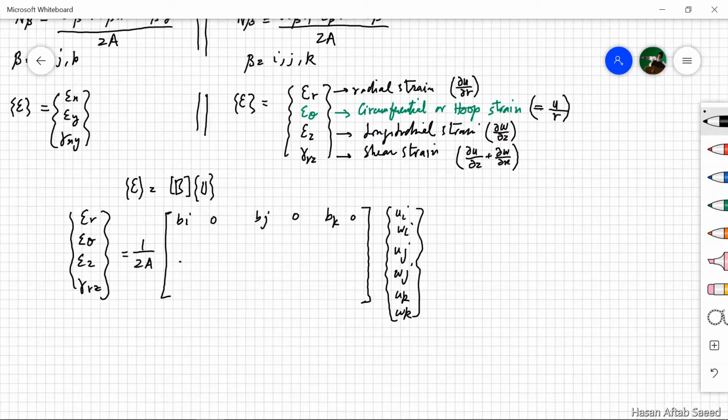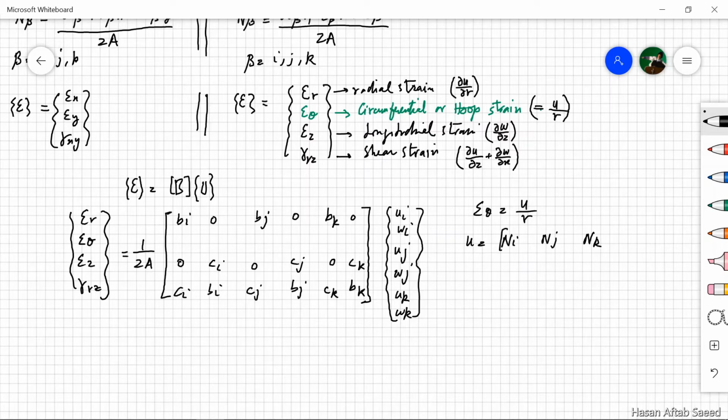Epsilon z will be the same, 0, ci, 0, cj, 0, ck, and here you will have ci, bi, cj, bj, ck, bk. That leaves us with epsilon theta. Now we know that epsilon theta is equal to u over r, and u is nothing but Ni, Nj, Nk times ui, uj, uk.